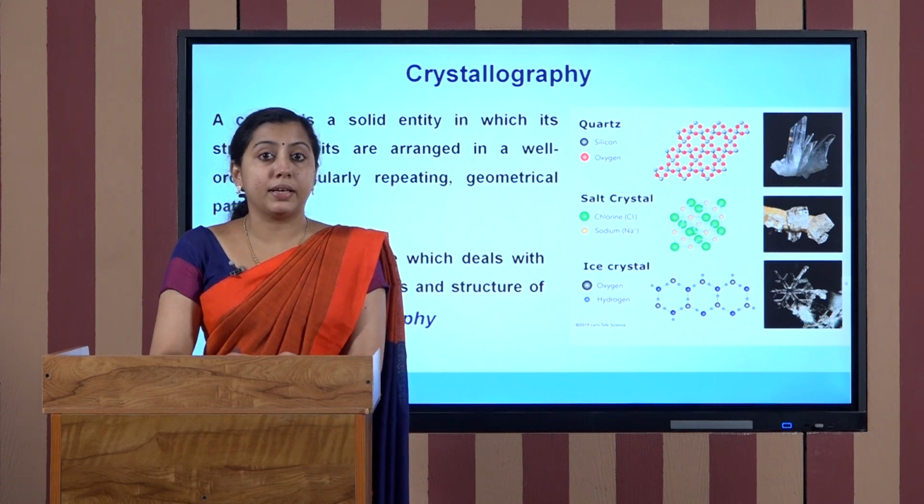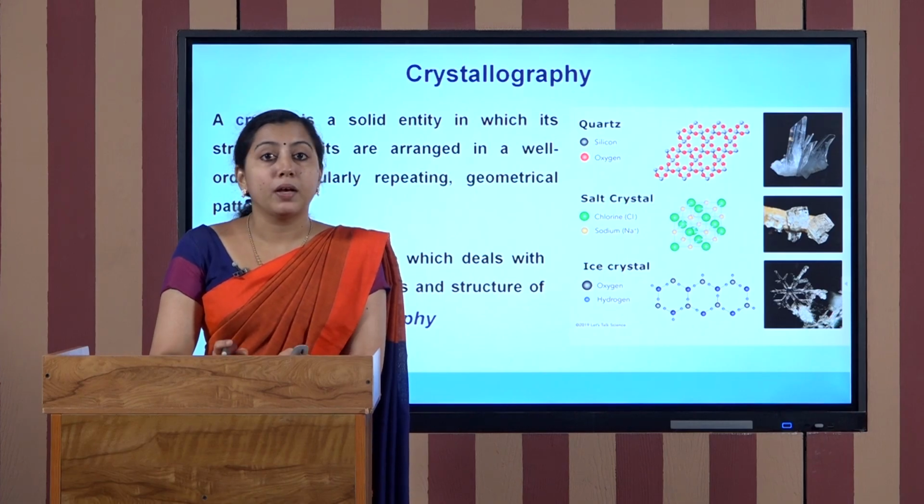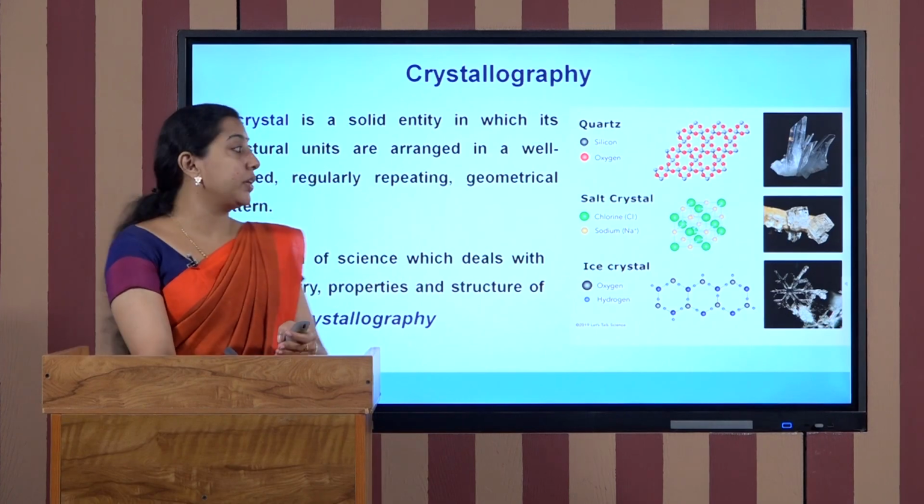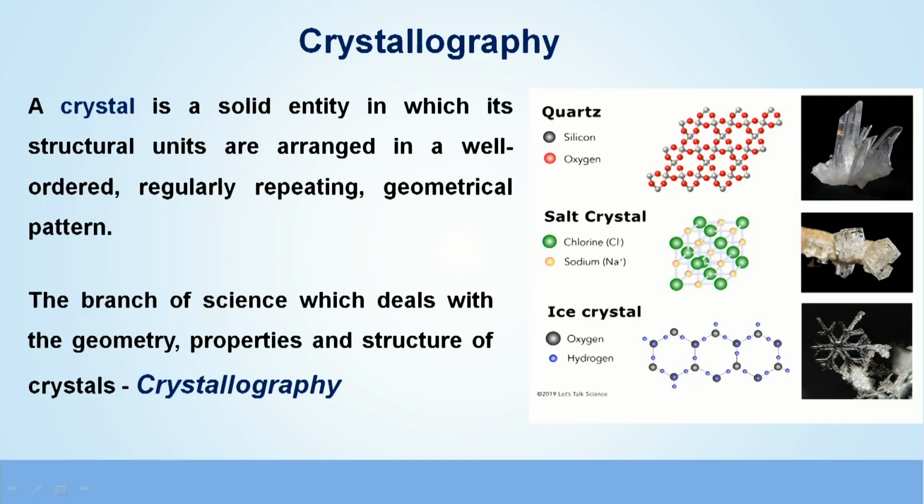We have seen that a crystalline solid is the one which has a regular, well-ordered, repeating geometrical pattern throughout the entire three-dimensional structure. So, a crystal is a solid entity in which its structural units are arranged in a well-ordered, regularly repeating geometrical pattern. So, what will be crystallography?